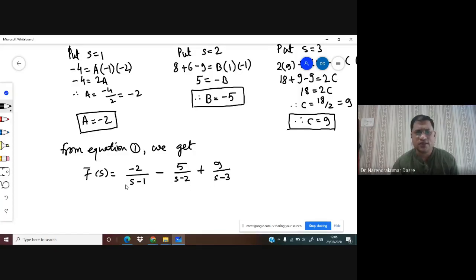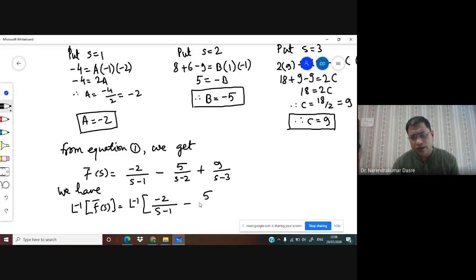And now you can see this f bar of s is in very simple form, and so we can take the inverse Laplace transform. So we have inverse Laplace transform of f bar of s is equal to inverse Laplace transform of minus 2 upon s minus 1 minus 5 upon s minus 2 and plus 9 upon s minus 3.